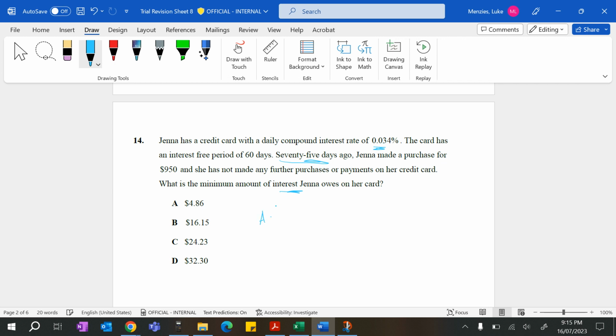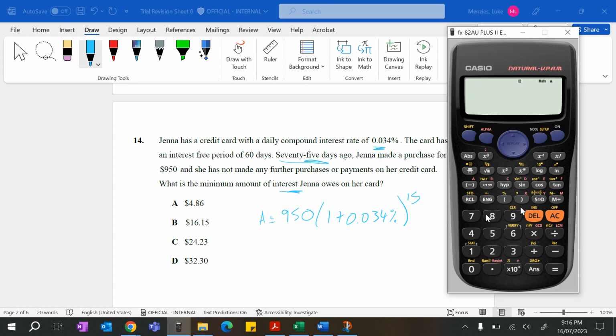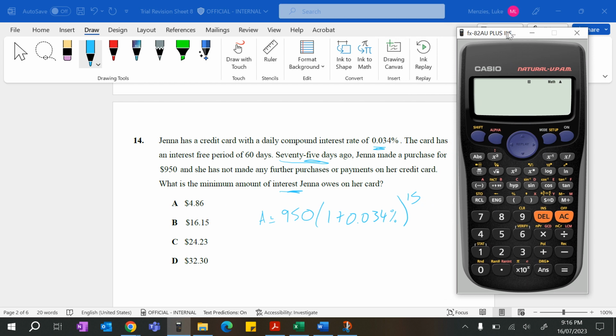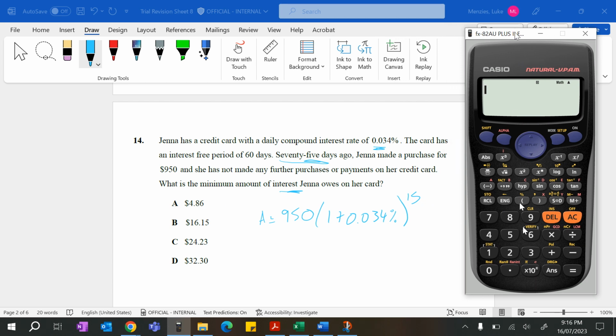So we're going to say A is equal to 950 bracket 1 plus my rate, which is okay because they've changed it to a daily rate, to the power of 15. When you use the compound interest formula, this is going to give me the 950 plus the interest, which in this case I don't want. So we're going to have to subtract 950 from our answer.